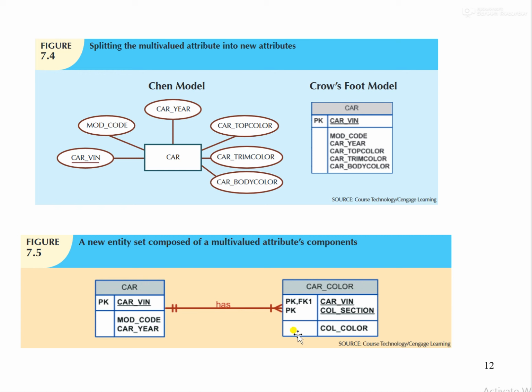Okay, and they have a strong relationship between each other if the primary key of the parent entity is a part of the primary key of the child entity. Okay, and whenever we have a one to many relationship, the primary key of the entity on the one side becomes the foreign key on the many side entity.